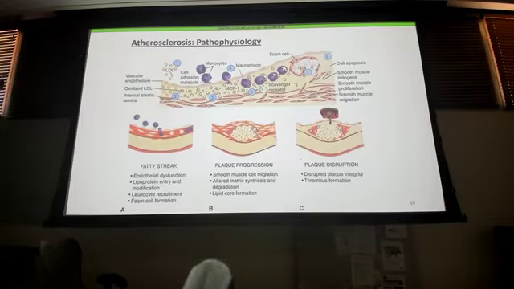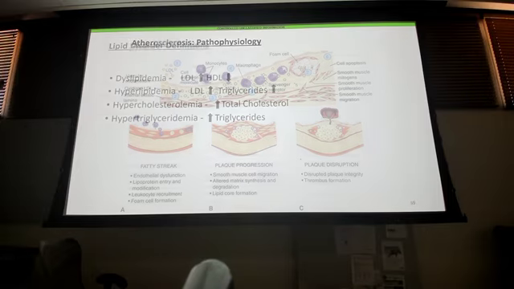And then this was just a cartoon version of what we just talked about, as far as the systems and processes going on leading to the atherosclerotic plaque formation.